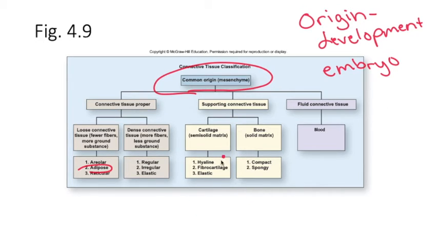It does become everything from bone to blood to fat to all these other kinds you don't even know yet. So mesenchyme is an embryonic tissue, and it gives rise to all of these different tissue types, depending on where you find it in the body. That really determines which of these major types it's going to become. So mesenchyme is the thing that all connective tissues have in common. They have the same embryonic origin.